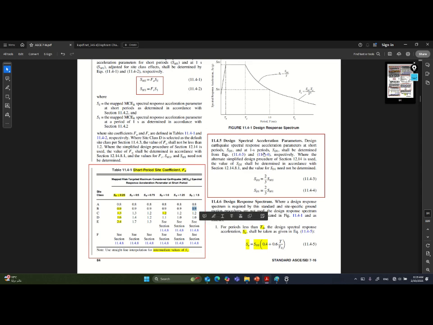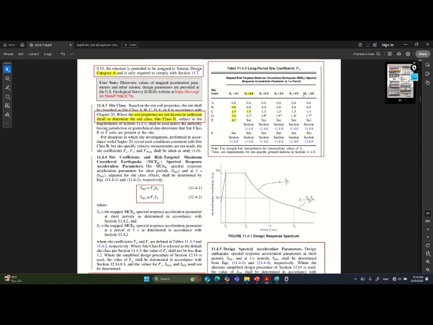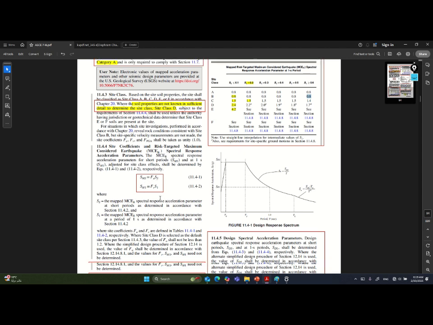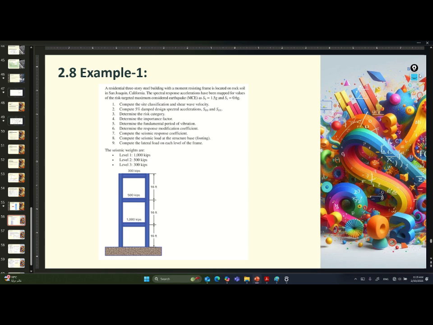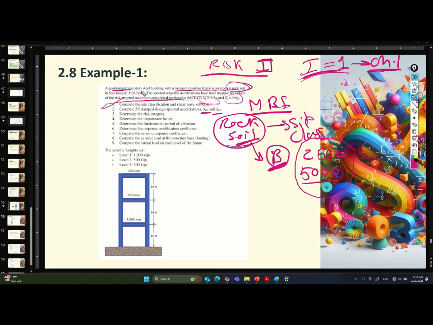For the S1 given to me, it is 0.6, and my site class is B, so Fv will be 0.8. After getting them I will get my SMS and SM1, and after that I will get my SDS and SD1. So this one also is easy.